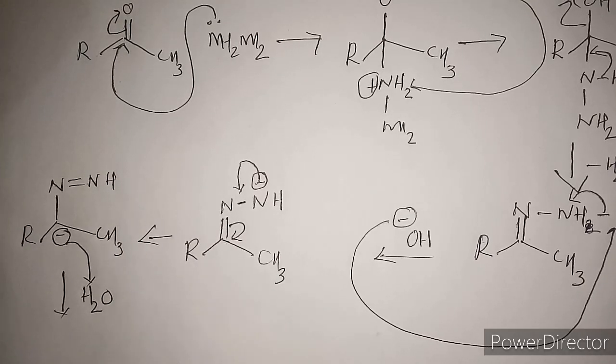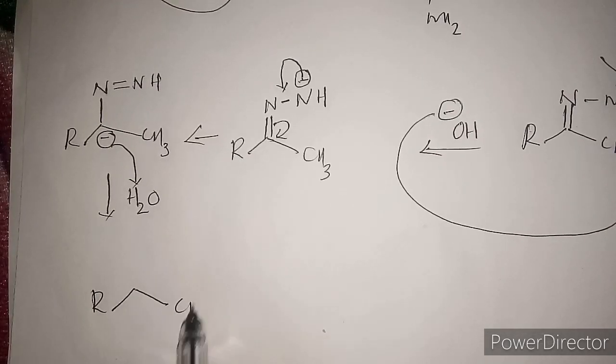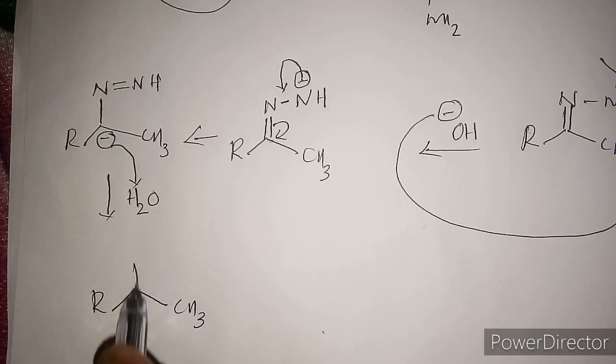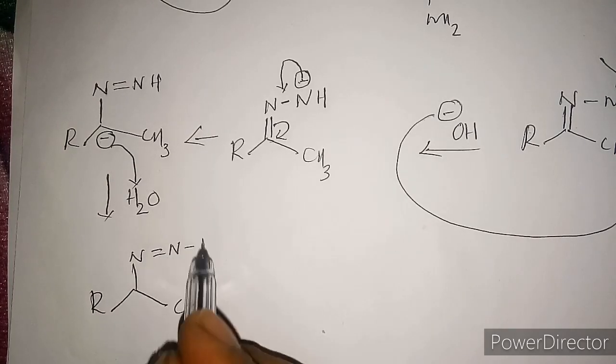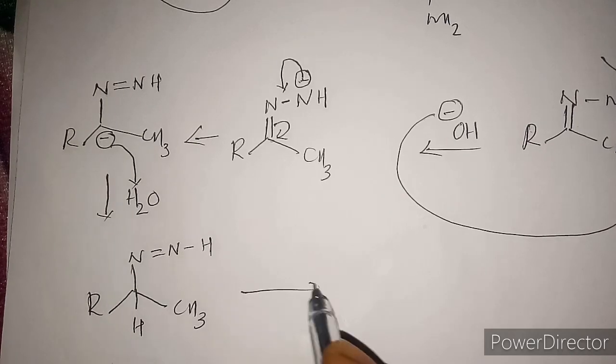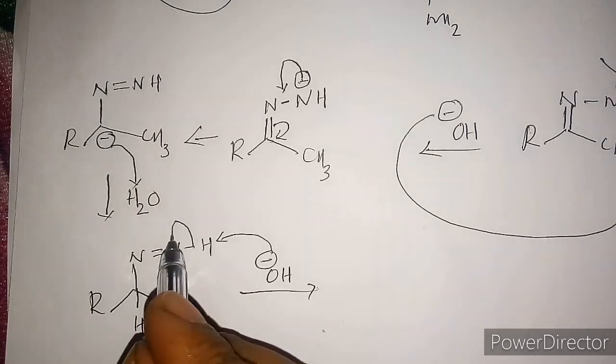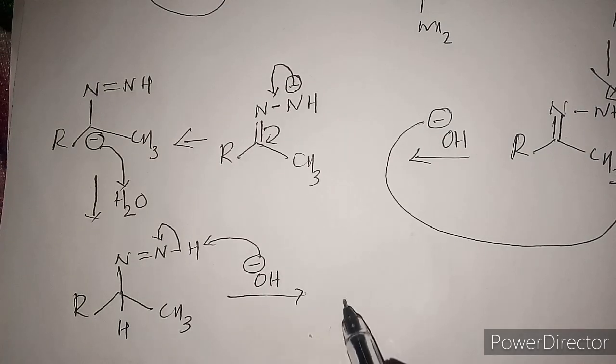So we will get R CH3, N double bond NH, there is H. Now another OH minus subtracts this proton and creates a negative charge on the nitrogen.